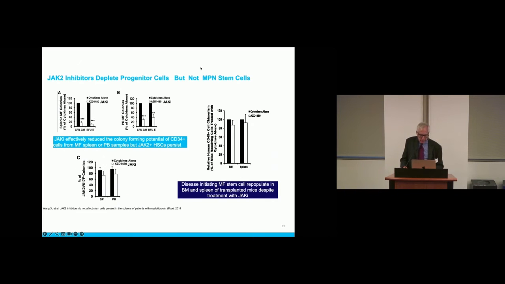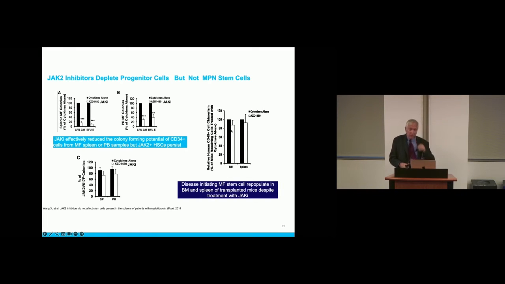One of the sobering things that we did was we looked at JAK2 inhibitors, and we treated MPN stem cells with these JAK2 inhibitors, and then we transplanted them into NSG mice. This is the percent of human cells, and the black bar is untreated, and these are cells that are treated with a JAK2 inhibitor.